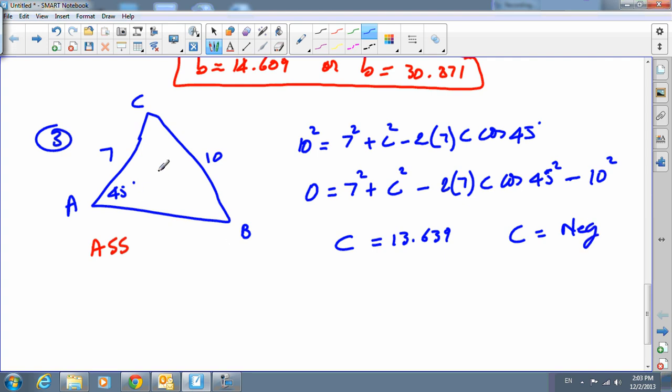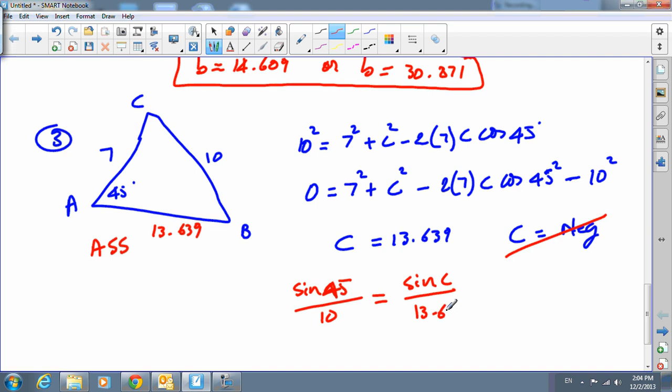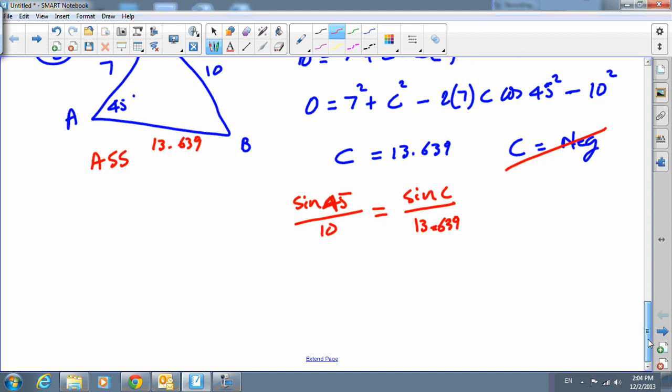Because we're talking about sides in a triangle, we cannot use negative lengths, so this will be crossed out, and this is your only answer. Now that you get c, you finish with the law of sine, because you can say sine of 45 over 10 is equal to the sine of C over 13.639. I believe that from here you can find what the sine of C is and finish the problem.